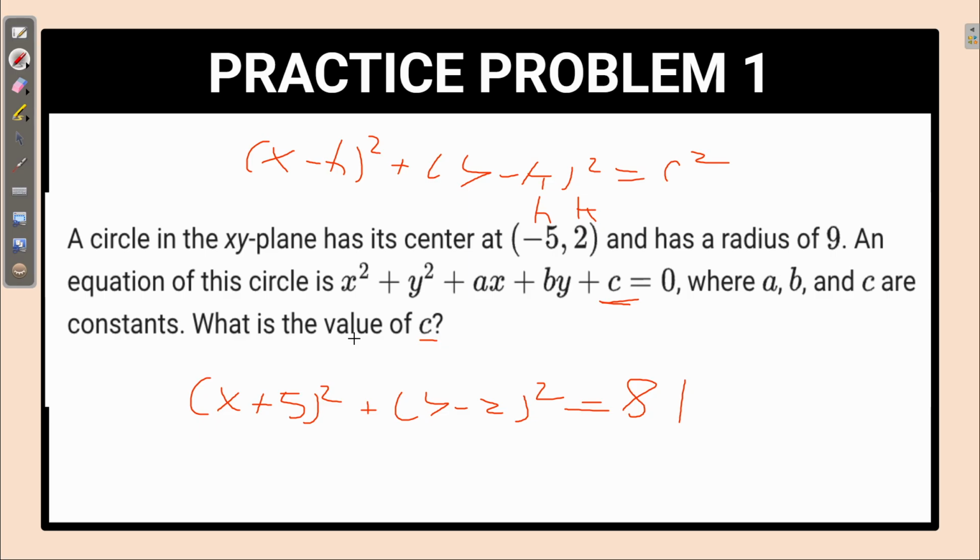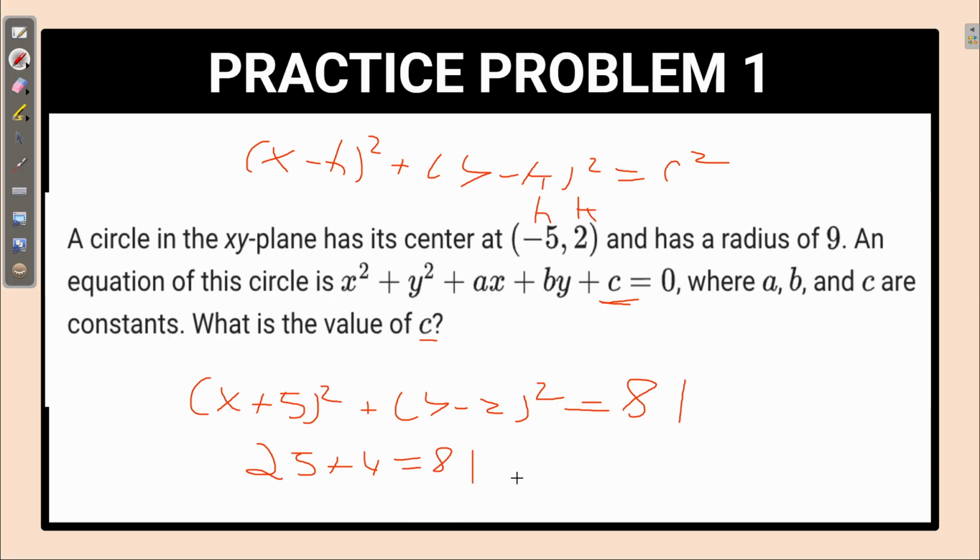So we can take a shortcut here and only take the last expanded term from these. When you square x plus 5, the constant term is just going to be 5 squared, which is 25. And when you square y minus 2, the constant term is negative 2 squared, which is positive 4. And then this equals 81.